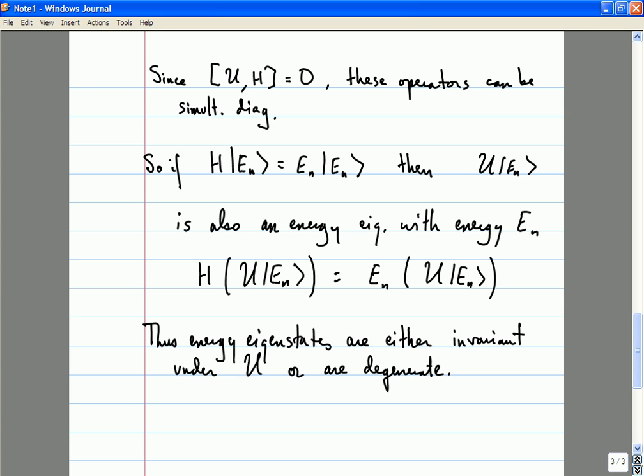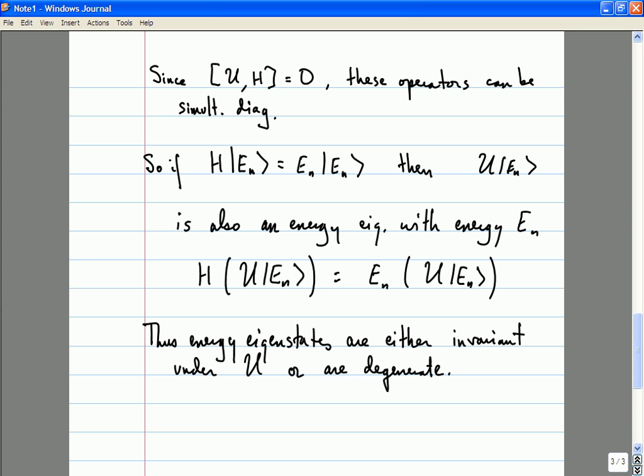If somebody hands you a Hamiltonian and tells you its spectrum, and you notice that there are a lot of energy eigenstates with exactly the same energy, then that's usually a hint that there's some symmetry of the system which is responsible for that degeneracy.